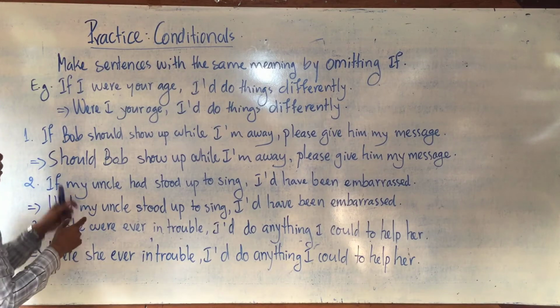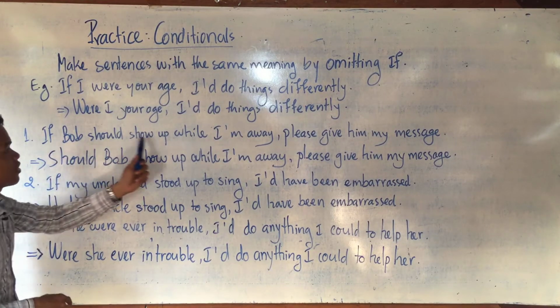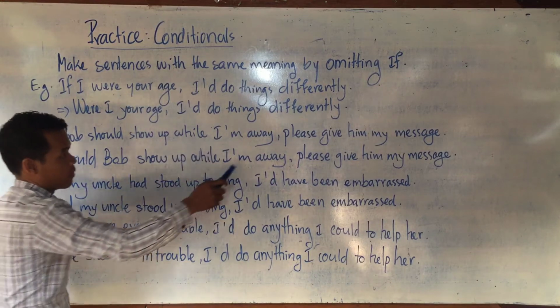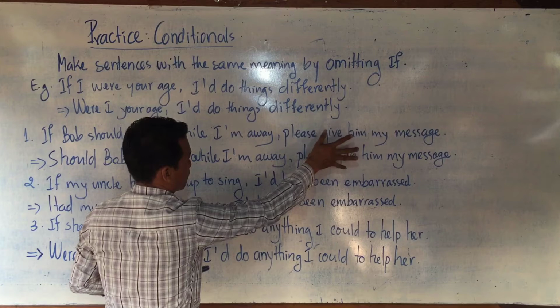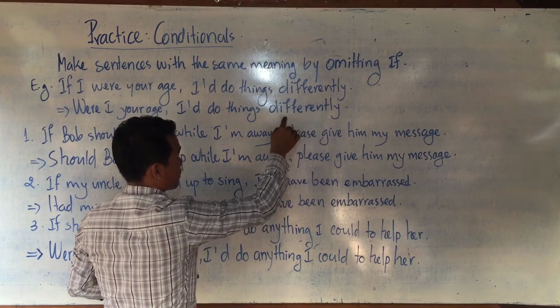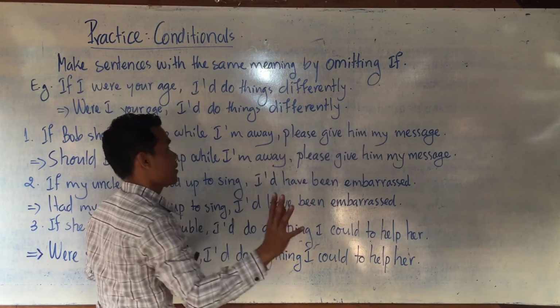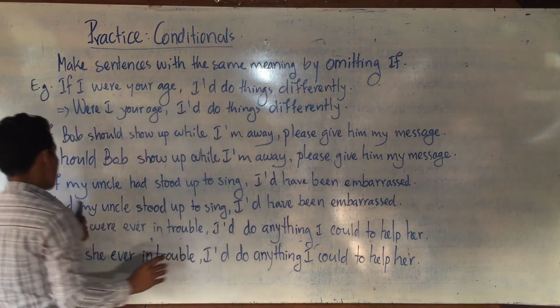Okay. This example number 1 is in the first conditional, but we use an imperative. If the main clause is not an imperative sentence, it's okay. For example, subject plus will plus be form. That's okay. The same meaning.